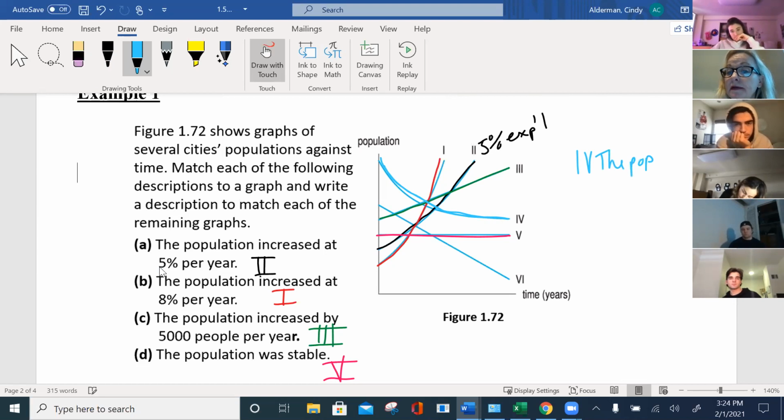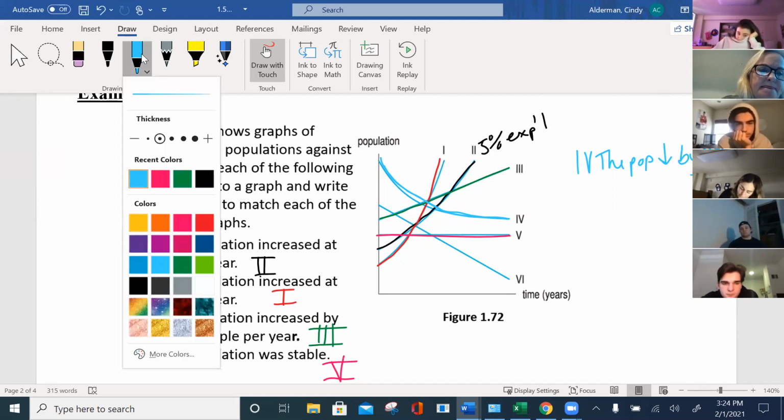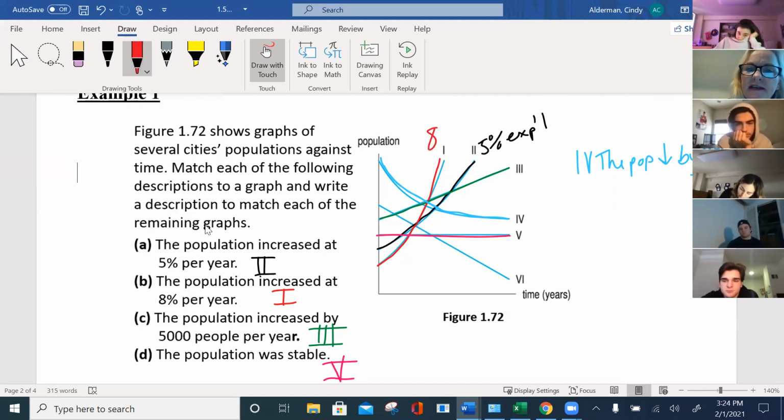It decreases by a certain percentage rate, right? Maybe let's just make something up, 8%. I said 8% because this was 8% growth and it looks to be similar in steepness. Okay, so that's 4. And then the other one we had to do was 6.